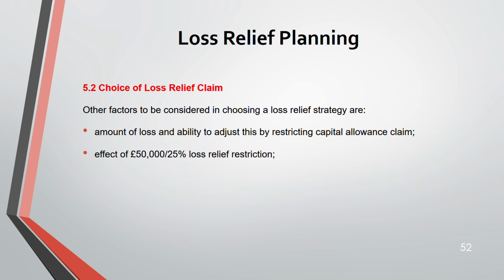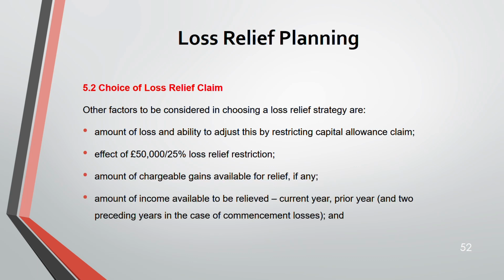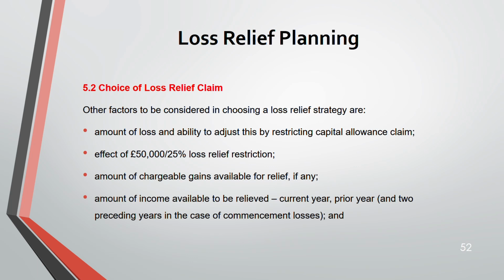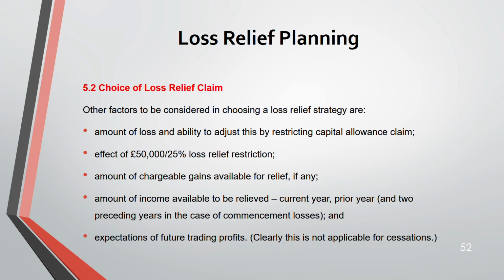Next, effect of the 50,000 or 25% of income cap on loss relief. Amount of your chargeable gain. Amount of income available to be relieved, either in the current year or prior year, in the case of commencement losses. And what is the expectation of our future trading profit? Is it advisable to carry it forward? But when you cease trading, you can't carry it forward.